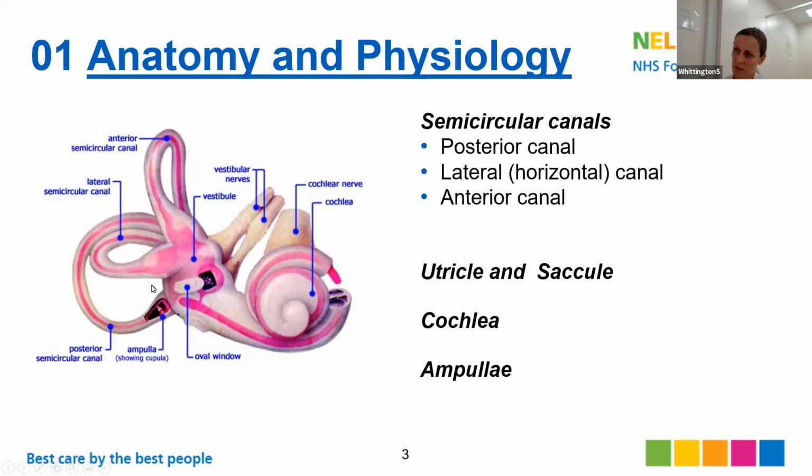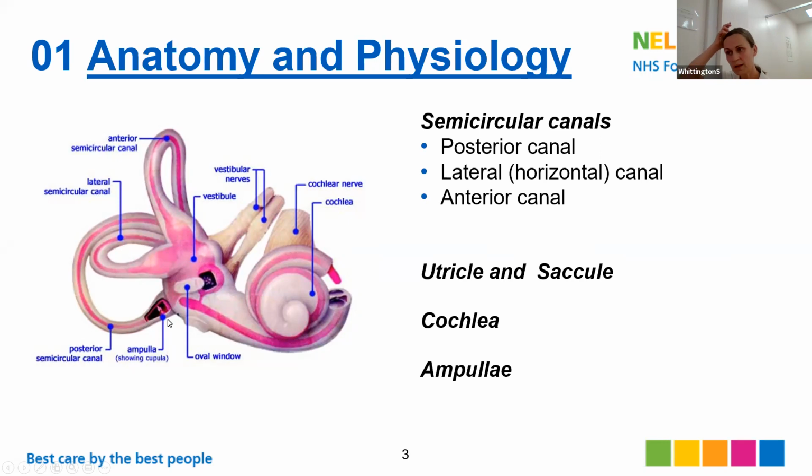So we've got this little bulky system here in the middle, and attached to that we have three semicircular canals, and they're all aligned in a different way, and they're all filled with fluid. And as we move about, these canals are in motion, and in each of these canals there are little sensory organs.